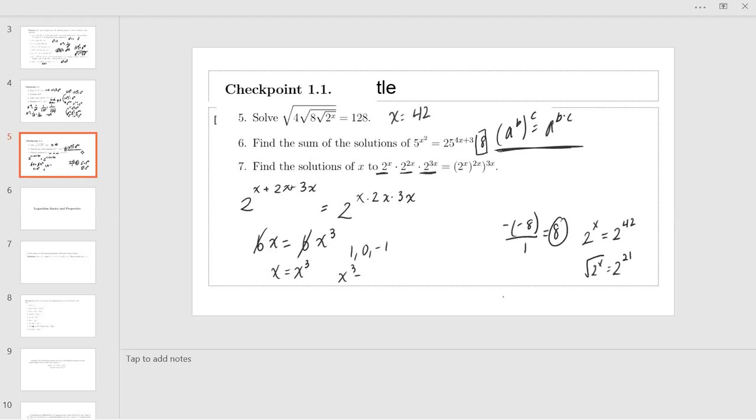To formally see this, we can write this as the polynomial x cubed minus x and find the roots of this by factoring. And so we have x cubed minus x is equal to x times x minus 1 times x plus 1. So the roots are just 0, 1, and negative 1.